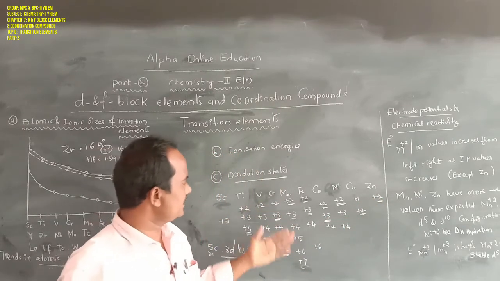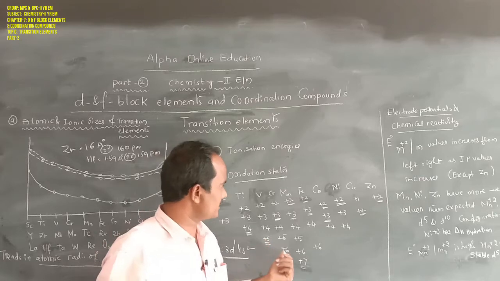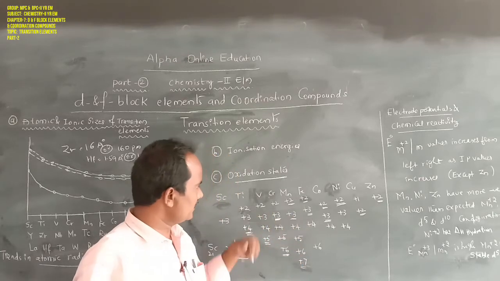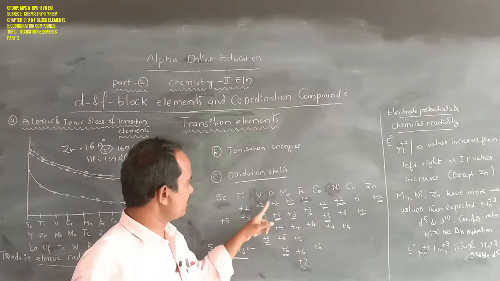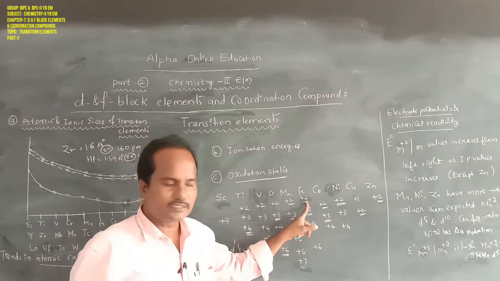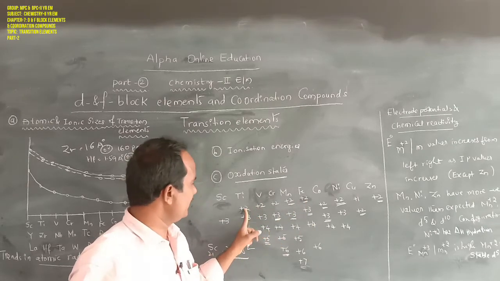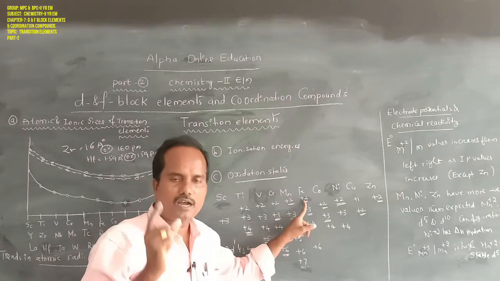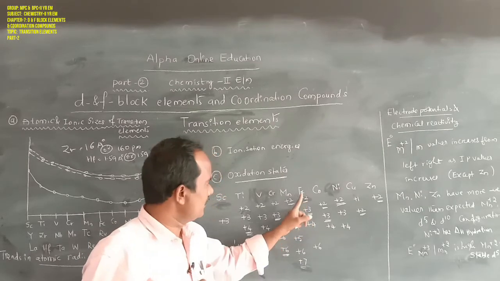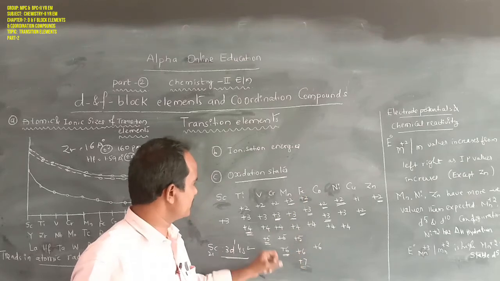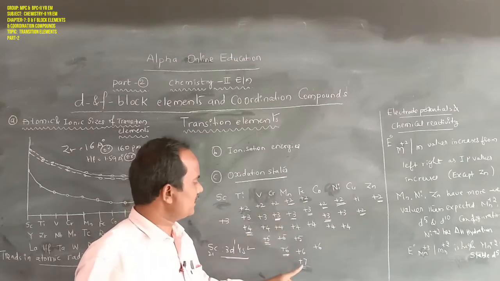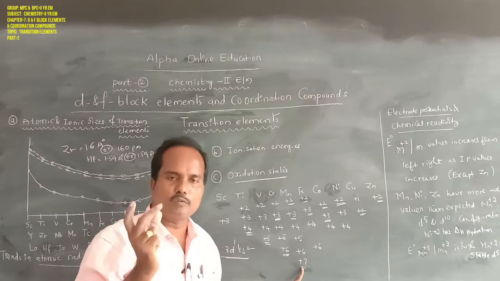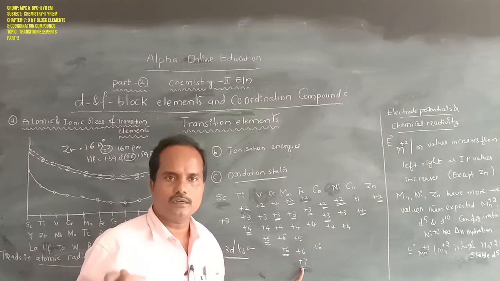Another thing about oxidation states: lower oxidation states of metal ions form ionic compounds. In higher oxidation states, transition metal ions can form covalent compounds.